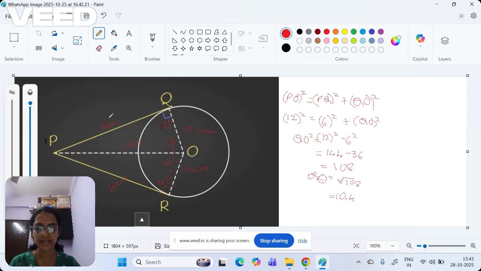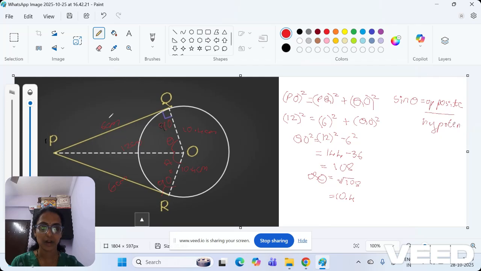If we consider angle POQ as theta, then by trigonometry we know that sine theta will be equal to opposite side to hypotenuse. Let us substitute the values: the opposite side here is 6 centimeter divided by the hypotenuse, which is 12.